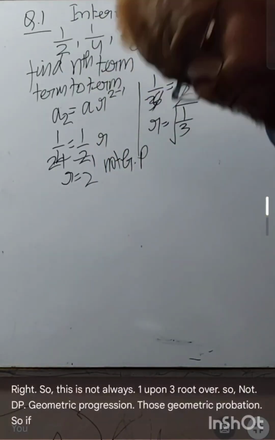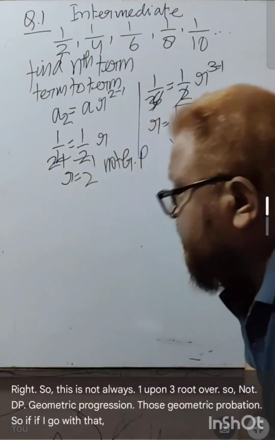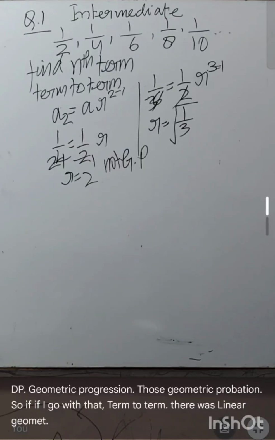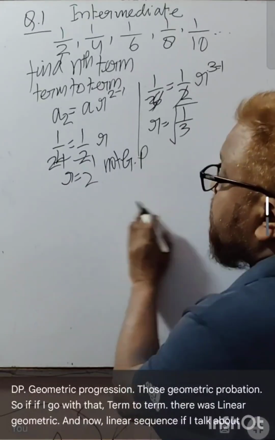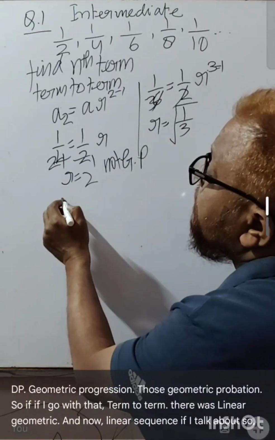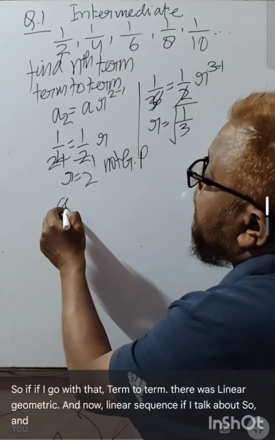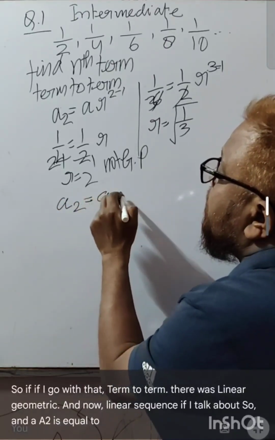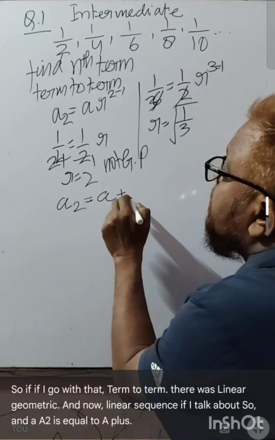So if I go with term to term, there was linear, geometric, and now if I talk about linear sequence, a2 is equal to a plus d.